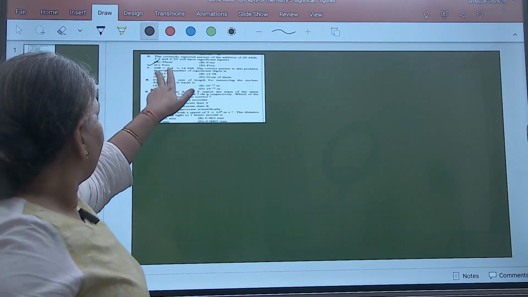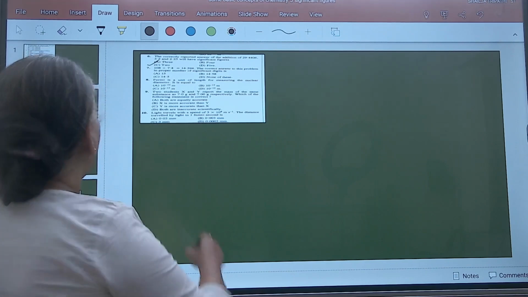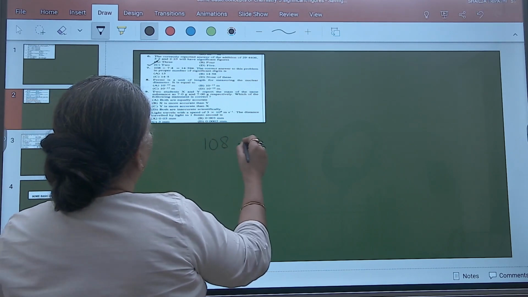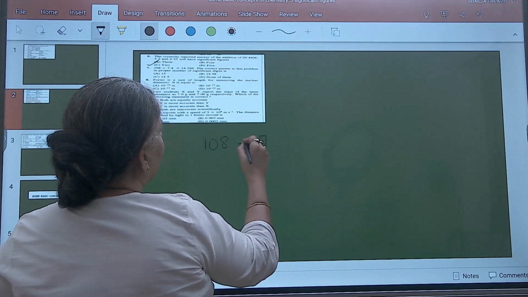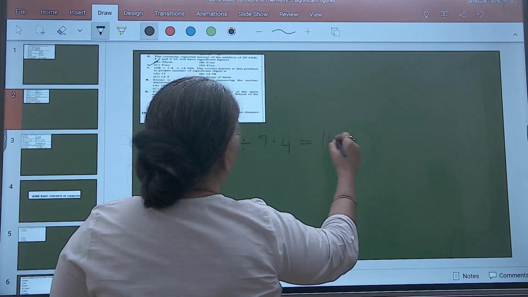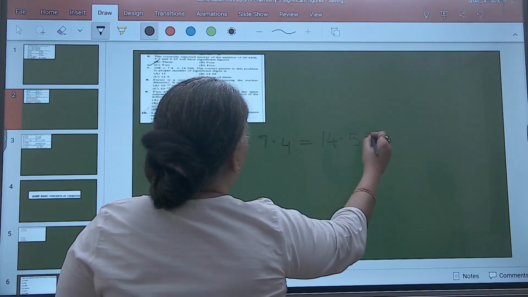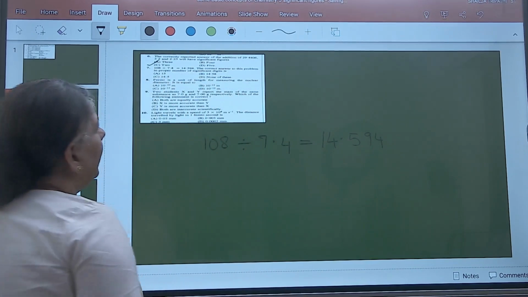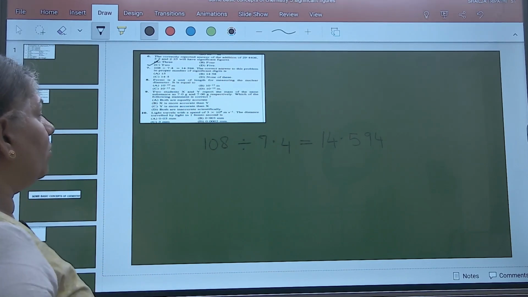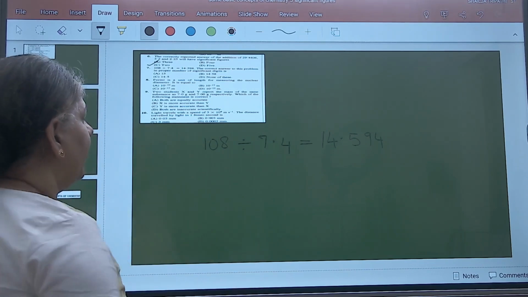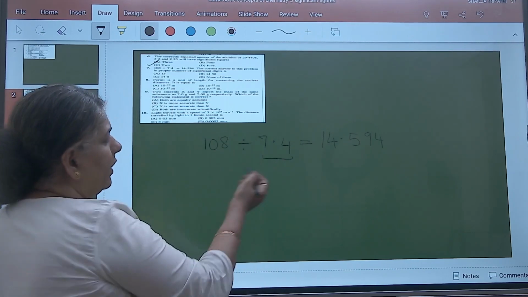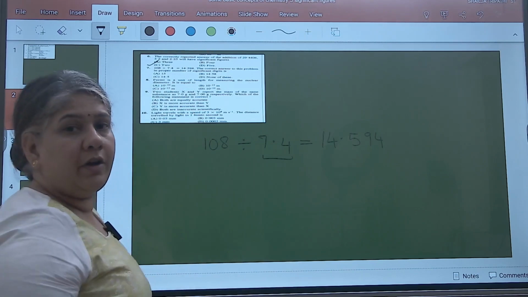Now we have 108 divided by 7.4. So the answer is 14.594. So the correct answer to the problem in the proper number of significant digits is... The rule for multiplication and division says that the least number of significant figures in the question will decide the number of significant figures in the answer.